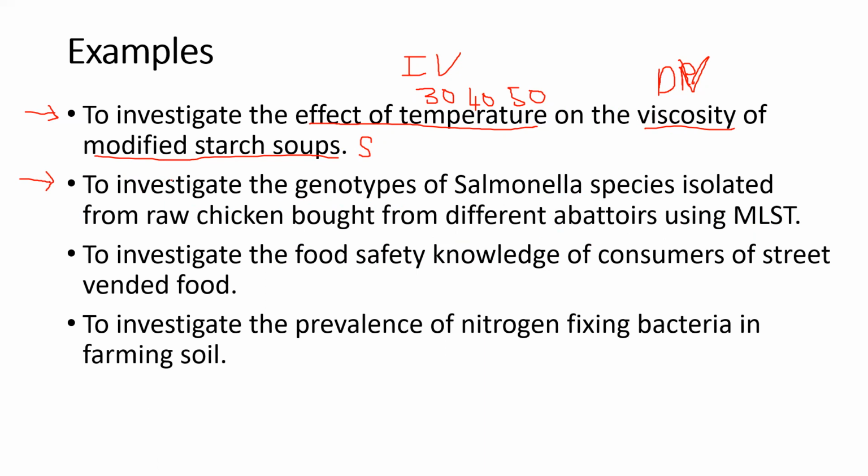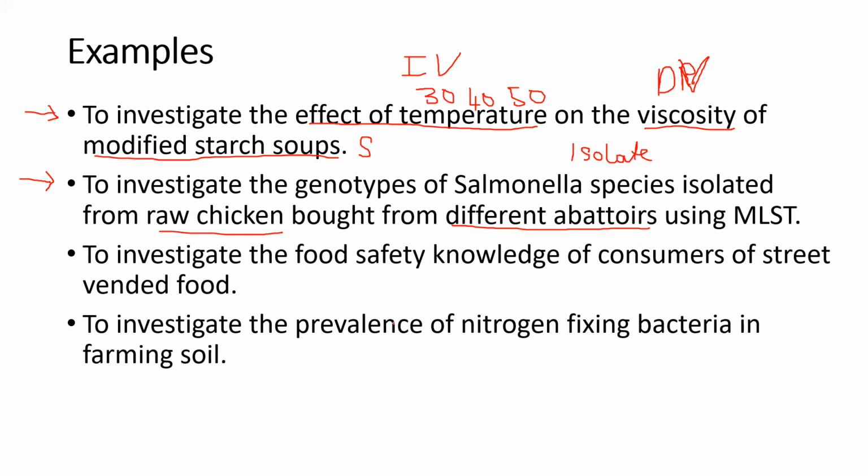So we need to figure out our sample. What are we going to sample? I think you can see from here we have abattoirs. We need to locate abattoirs, and there are different abattoirs. We need to get chicken from there, and then we need to get isolates from there, specifically Salmonella isolates. So that's our chain of command in terms of the sample.